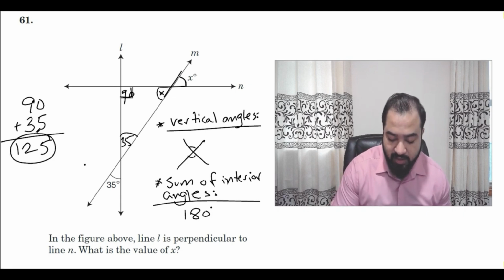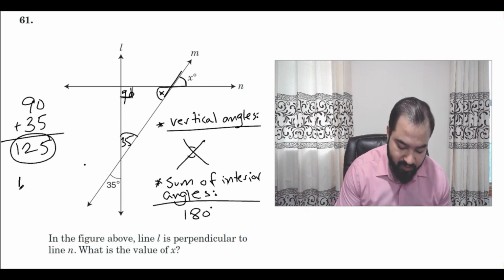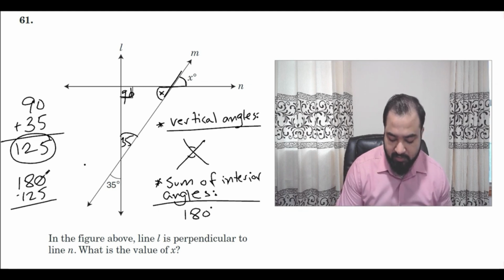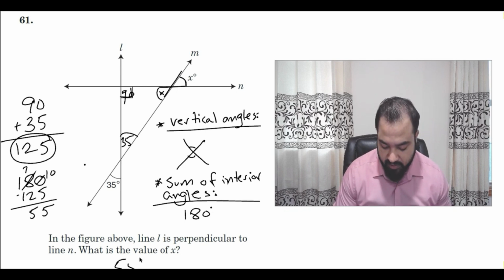So in order to find the third angle, what should we do? Subtract 125 from 180. Good. So 180 minus 125. What do we get? This is a subtraction. Let's say this is 10, this is a 7. 10 minus 5 is 5. 7 minus 2 is 5. So it's 55 degrees. That's the answer.